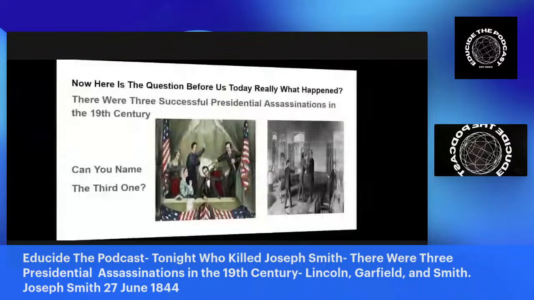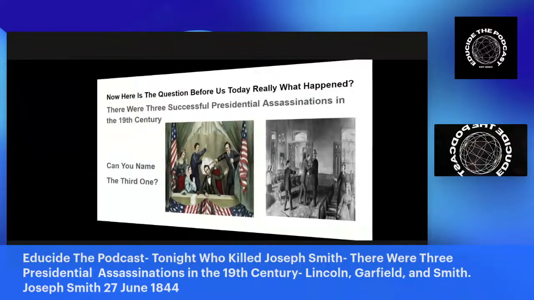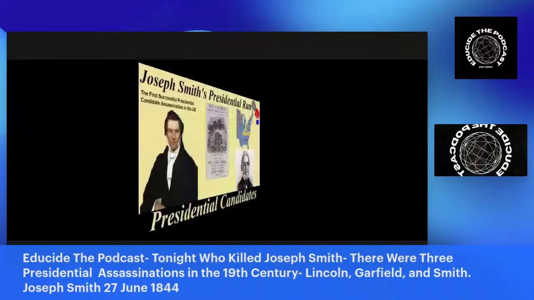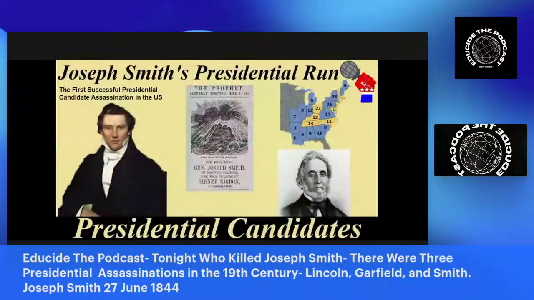There were three successful presidential assassinations in the 19th century: Abraham Lincoln, Garfield, and Joseph Smith. Joseph Smith was running for president of the United States. On June 27th, 1844, in Carthage, Hancock County, Illinois, he was shot dead.